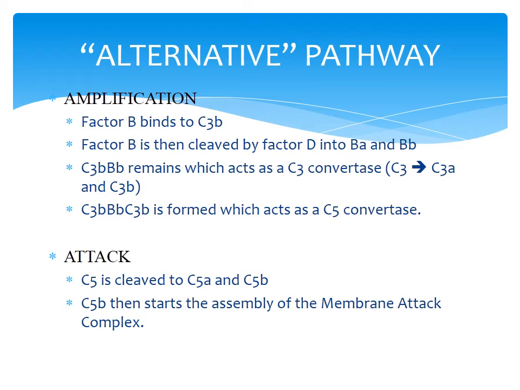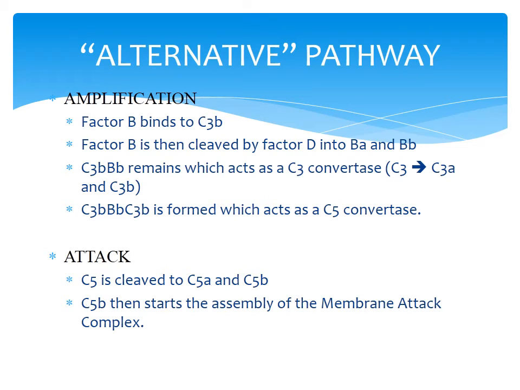The C3b and the Bb fragment act as a C3 convertase, and this C3bBb again acts as a protease for C5 activation. Then C5 is cleaved to C5a and C5b, and it follows the classical pathway involving C6, 7, 8, 9 to form the membrane attack complex.